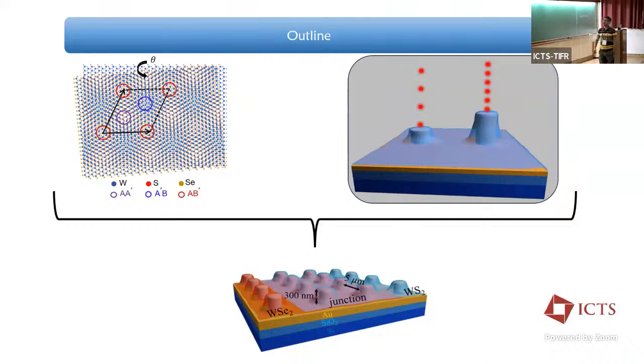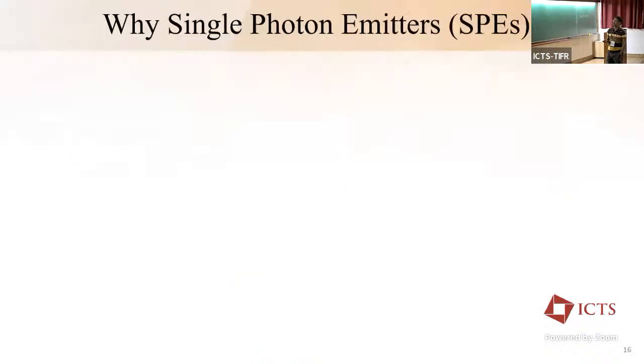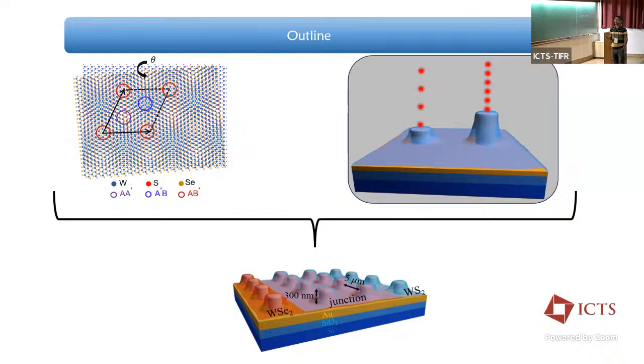So now I'll switch gears a little bit, and I'll discuss nanopillars and the role of having strain in this. So this is another platform that we are working on, and we are talking in the context of single photon emission.